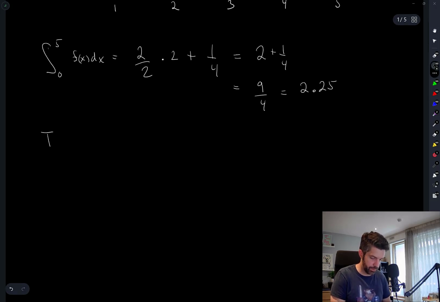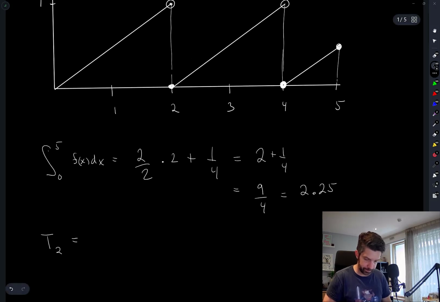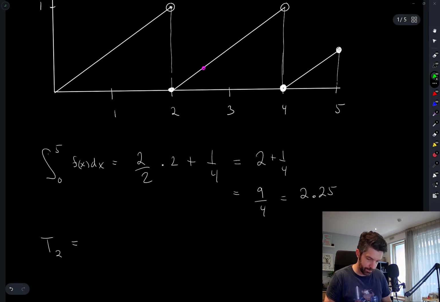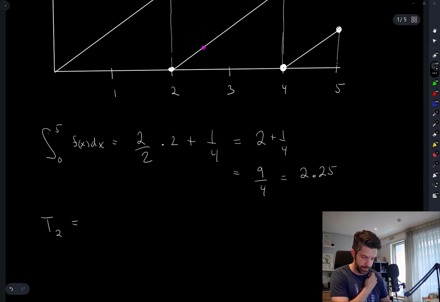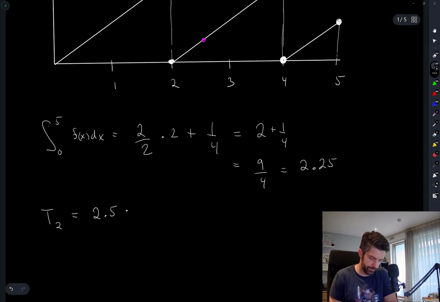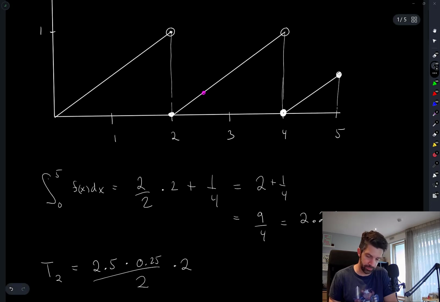Okay, let's compute T2. It's called the trapezium rule, but I guess some of them will be trapezoids. This is 2.5 times 0.25 divided by 2, and then we have to multiply by 2 because there will be two triangles like this, right?